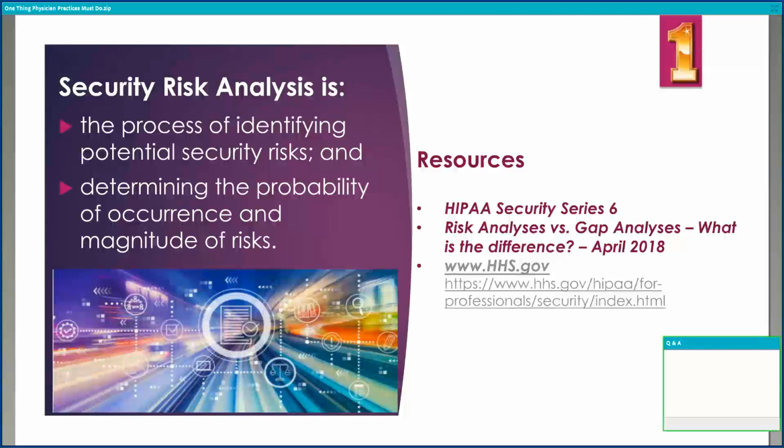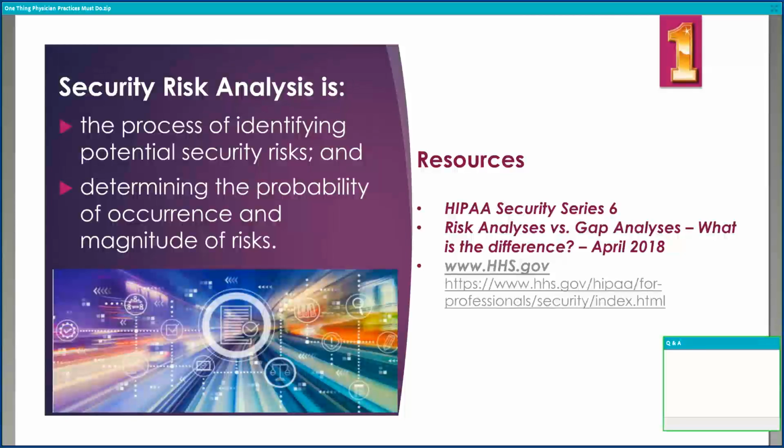I find it interesting that despite all the changes in technology, especially in healthcare technology since 2005, the HIPAA security rule has never changed. That's why cybersecurity experts often refer to HIPAA security as a baseline and not a total answer to cybersecurity.